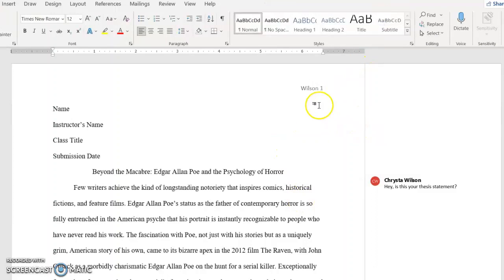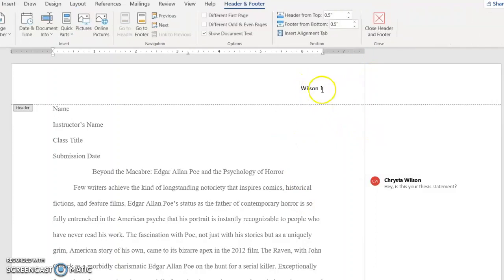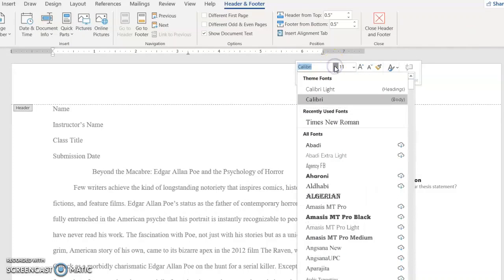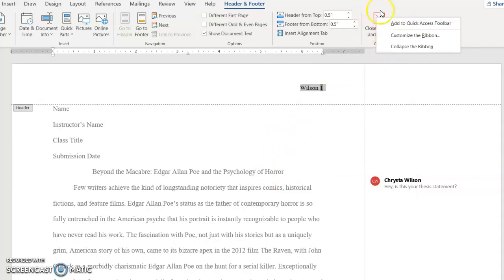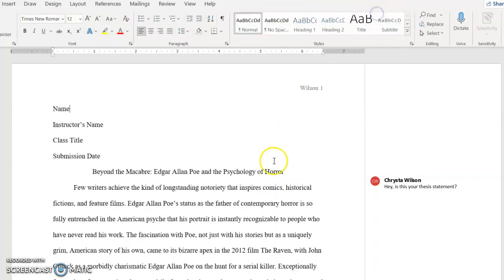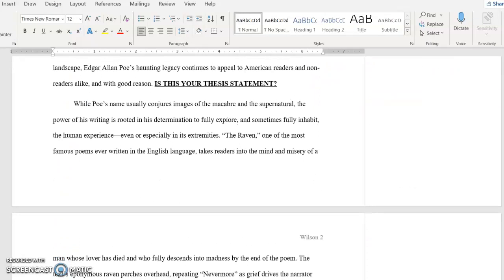Some really hardcore professors will make you put all of that in the same font as the rest of the paper. I might pick on you a little bit here and there, but I'm not going to subtract points from your grade because your page number and your last name are in a different font. But it's pretty easy to do pretty quickly. So that's how to do that.